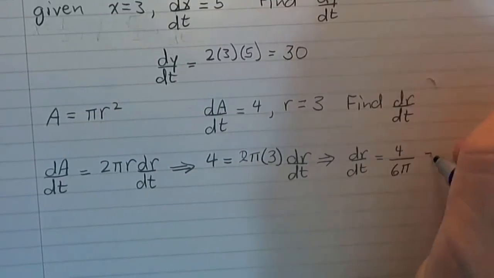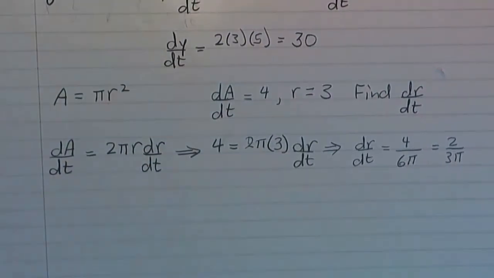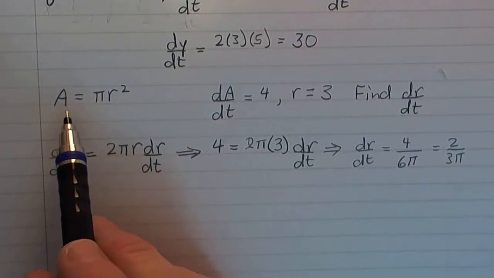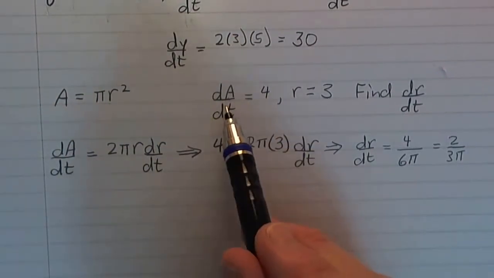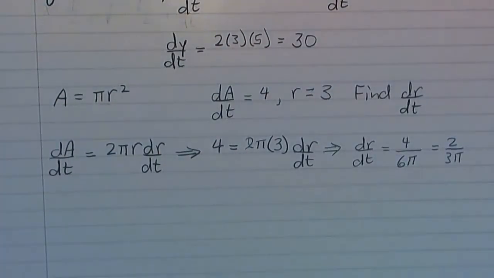So our final answer is, 2 will go into 4 2 times, 2 will go into 6 3 times, so 2 over 3 pi. So the idea is we're given a relationship like this, and we want to then use that relationship to find how the rates are related. And then we can solve the problem.